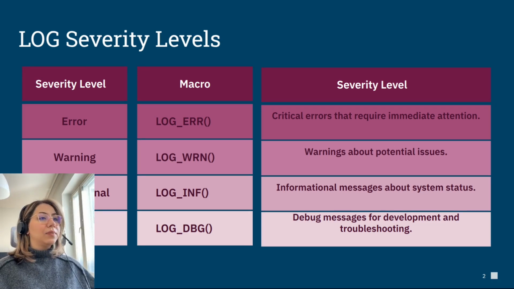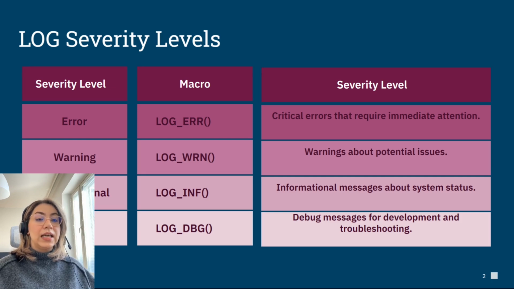In Zephyr, logging messages are classified into different severity levels. These levels help in filtering so that we can focus on the most important messages. Here's a quick breakdown. Error indicates a critical failure that needs immediate action.